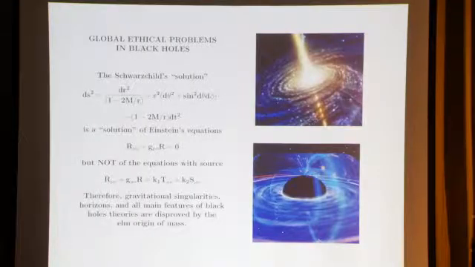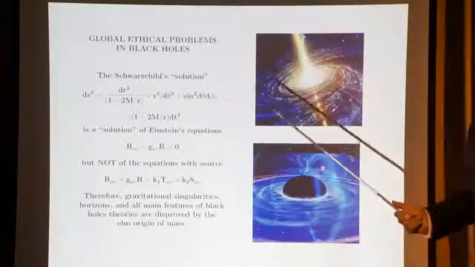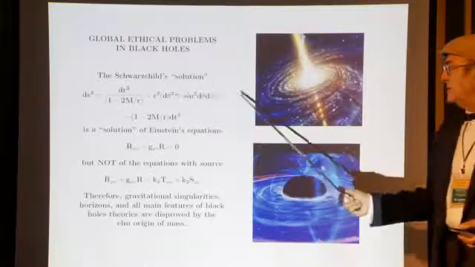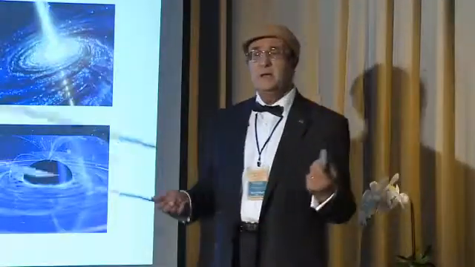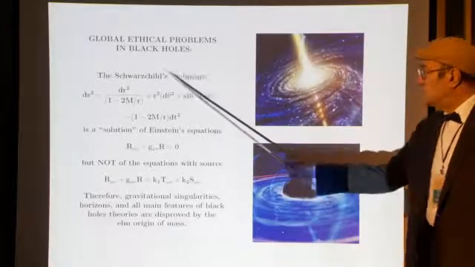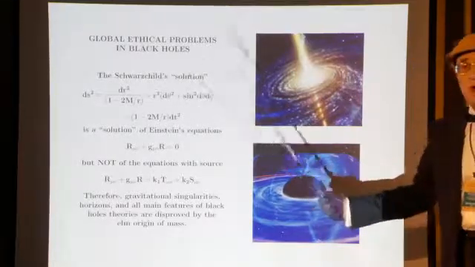What is the issue? Remember that black holes originated from the Schwarzschild metric, in which you can see the horizon and all the gravitational collapse and all those features that flared up the imagination also of news media. But the Schwarzschild solution is a solution of what?